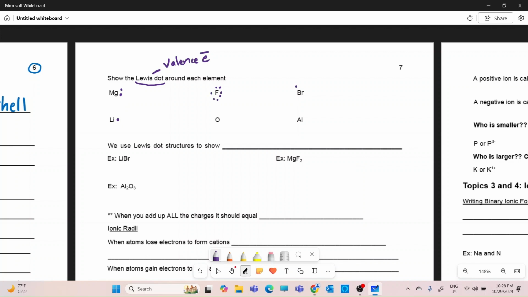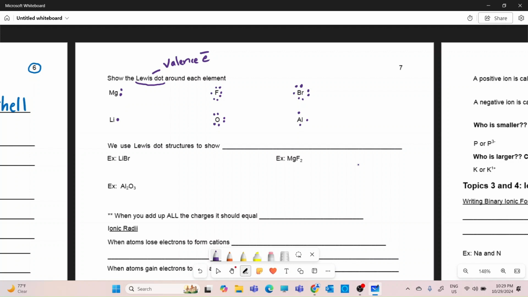Bromine is also in the 17th group, which has 7 electrons. Oxygen is in the 16th group, which has 6 electrons. Aluminum, how many? 3 electrons, because that is in the 13th group.